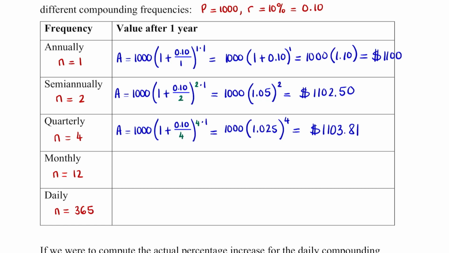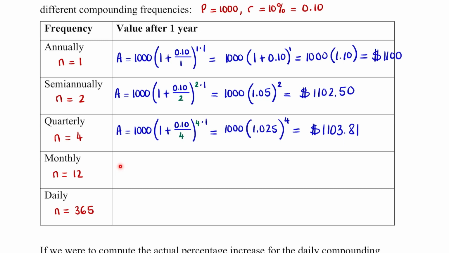So if you compare this 1103.81 with 1102.50, this earned me more interest than this one. It's because this is compounding 4 times a year. So again, with the same principal, with the same amount of time, with the same APR, the more compounding you have, the more interest that you earn.